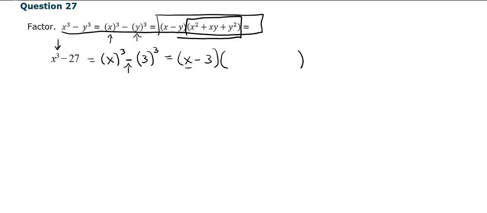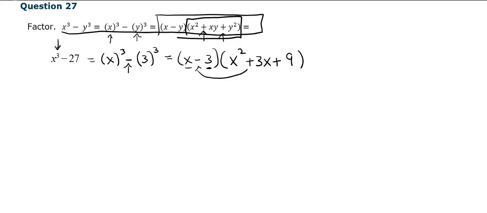So x times x is x squared. Notice our sign. In this case, it's plus. And then we multiply the 3 times the x. Last, it's a plus sign again because we're multiplying a value times itself. So we multiply the 3 times itself to give us 9.